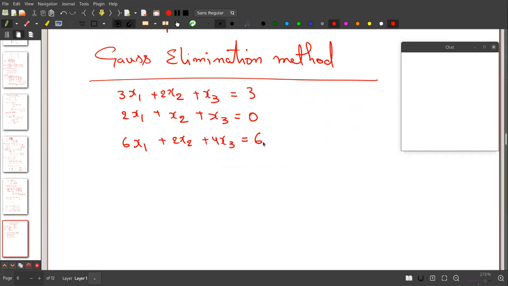Okay. So this is the system of equations and I want to solve it.